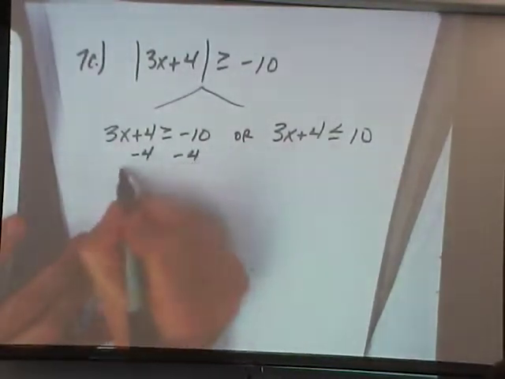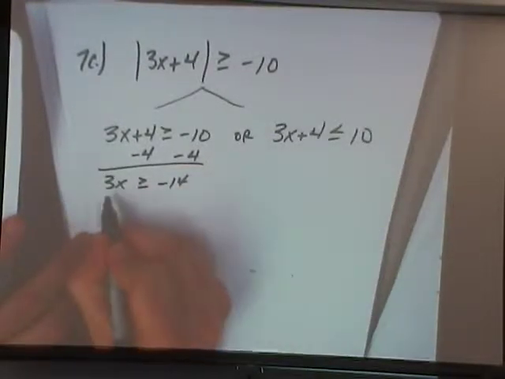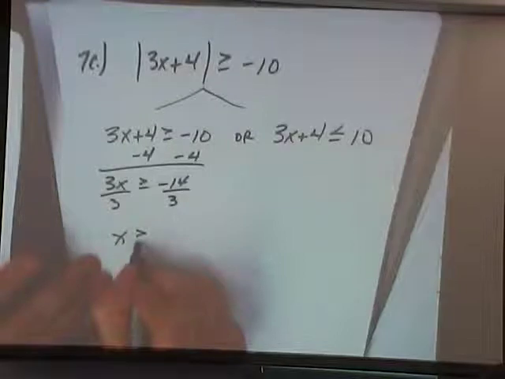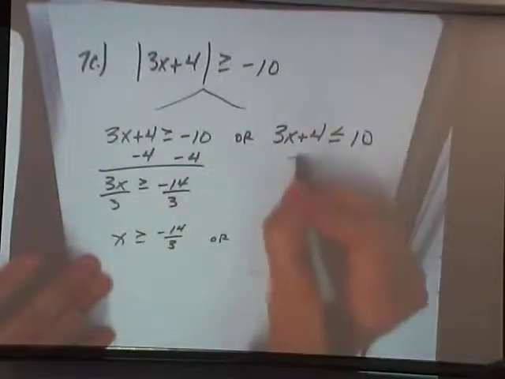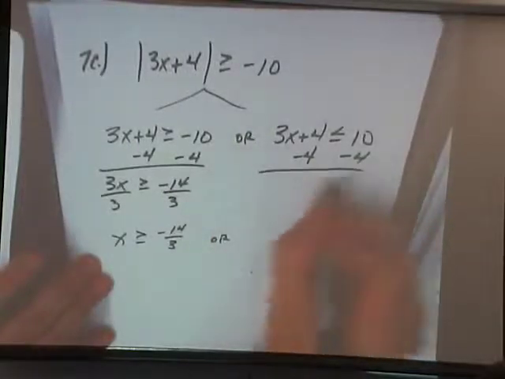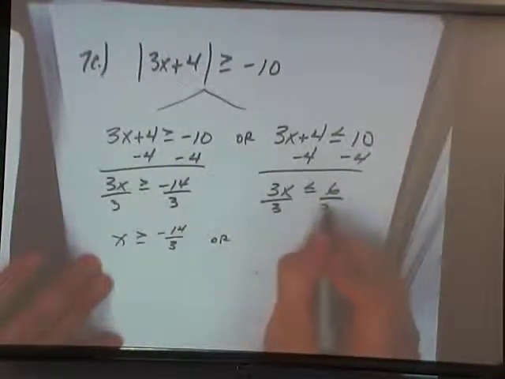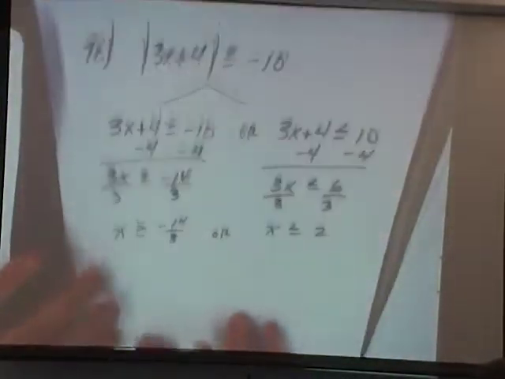Solve the two equations. X is greater than or equal to negative 14 thirds, or x is less than or equal to 2.